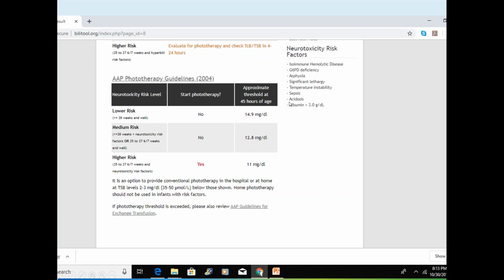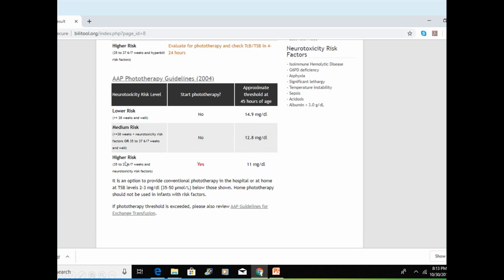Remember that in a premature baby, the albumin may be low as well. And a sick baby usually tends to have acidosis and temperature instability. So all these may affect, and hypoglycemia may affect as well. We should keep in mind that we should be monitoring the risk of this along with the categorization here.